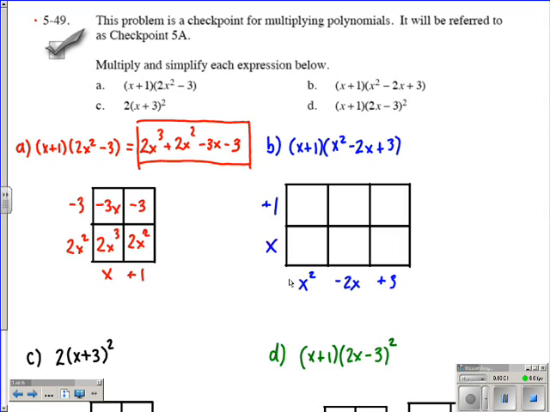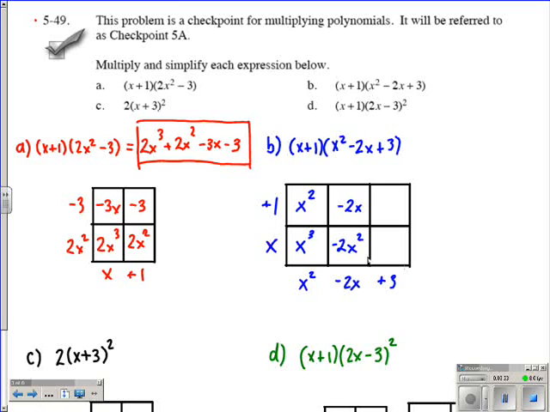We're going to do x squared times x is going to give us x to the third power. X squared times 1 is going to give us x squared. X by negative 2x would be negative 2x squared. And negative 2x times positive 1 would be just negative 2x.